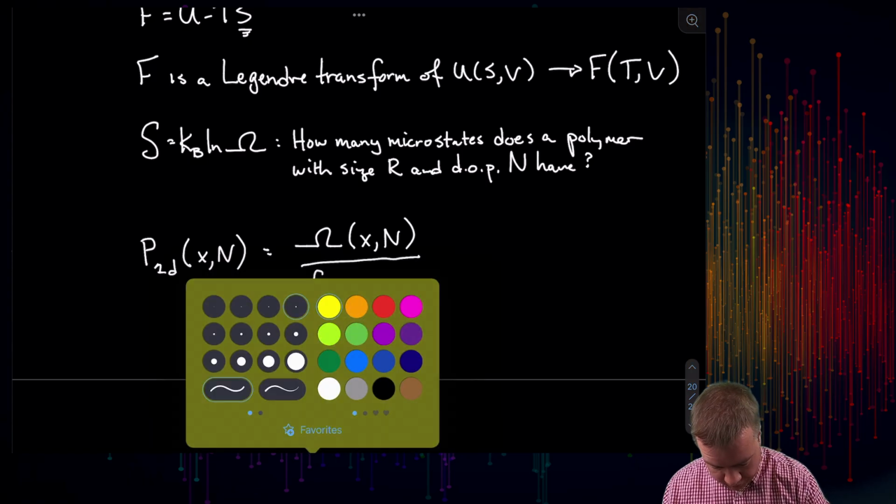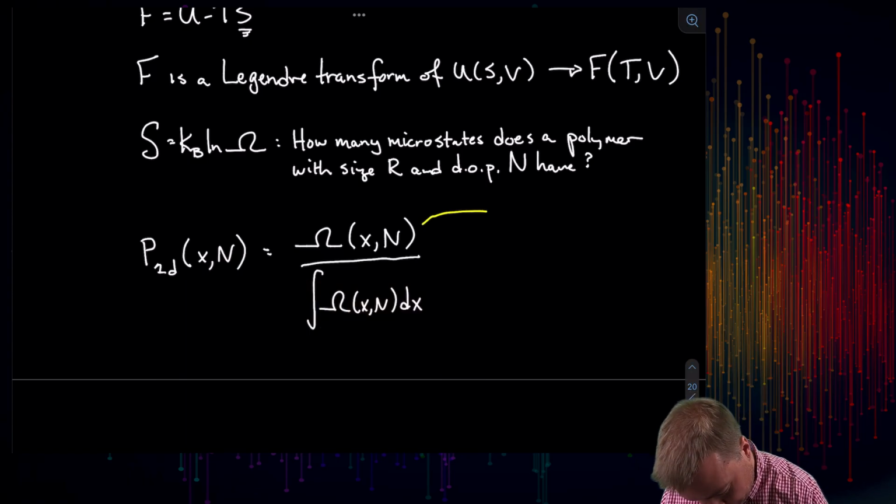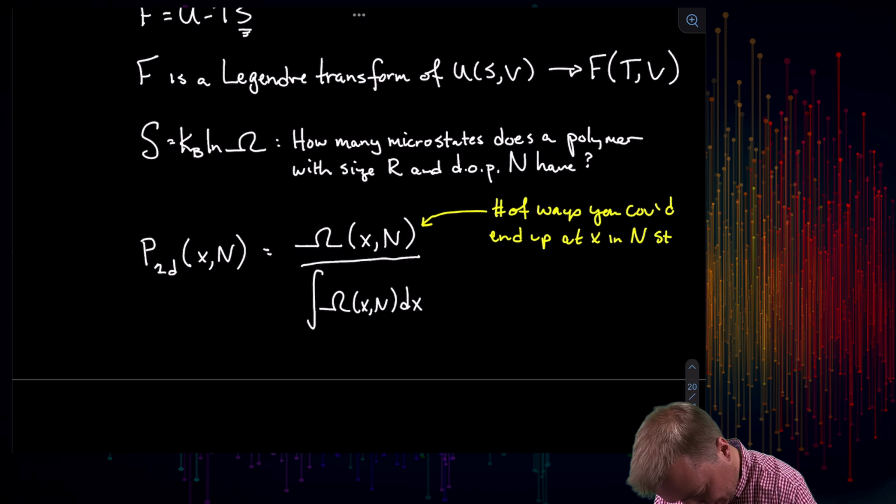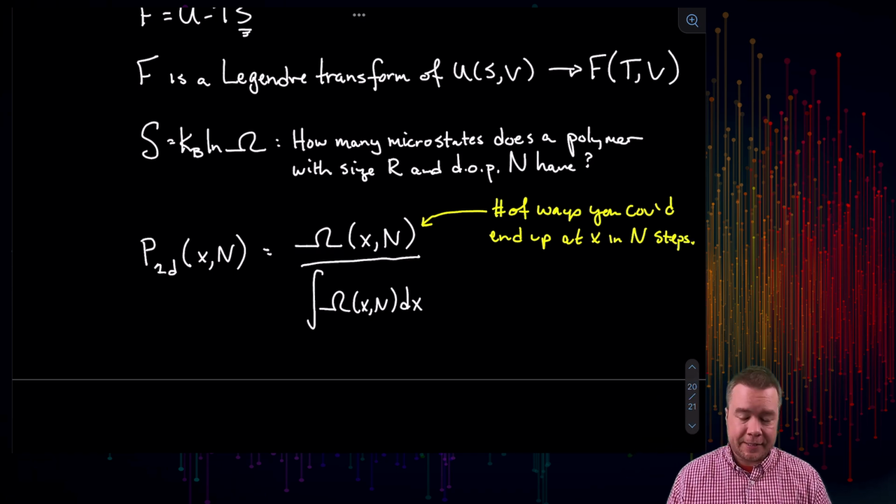Okay, so again, to put words to this, the numerator is the number of ways you could end up at position x in capital N steps.